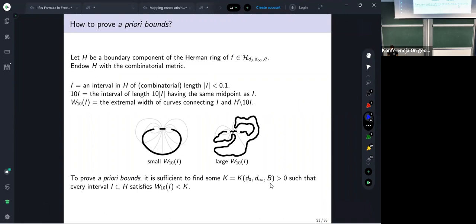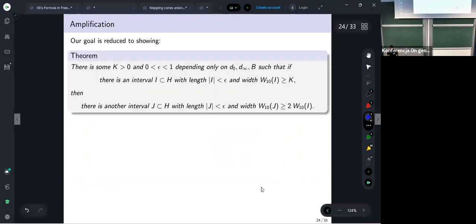Okay. But what I would like to do instead is go by contradiction. So our goal is reduced to showing the following theorem. So this theorem tells me the following. Suppose there is an interval that is of sufficiently small length, sufficiently short.